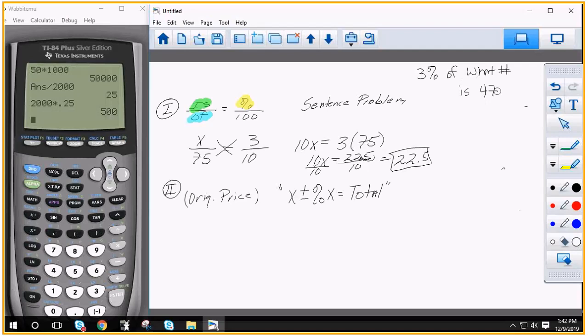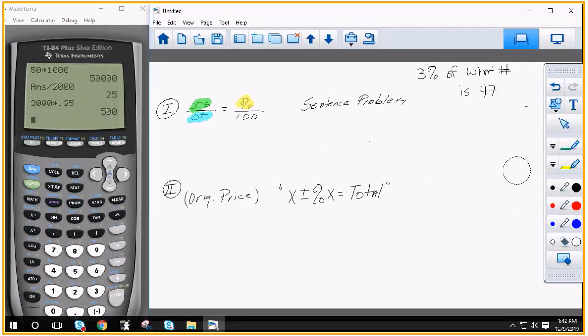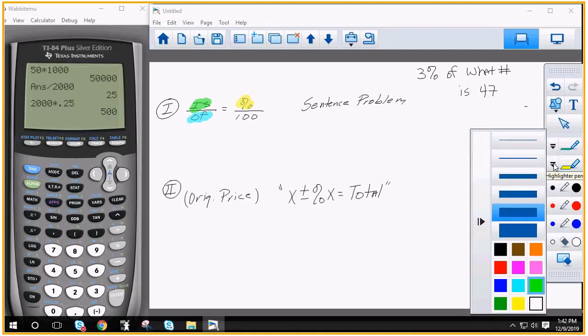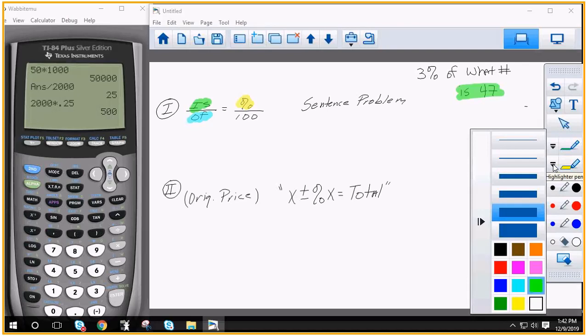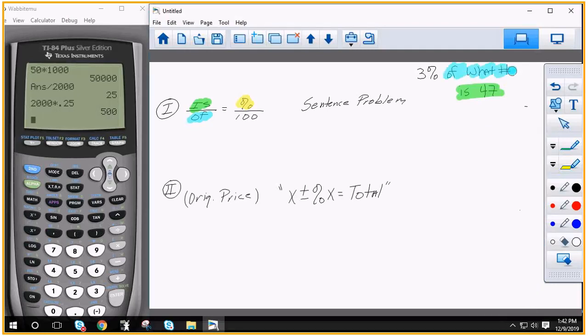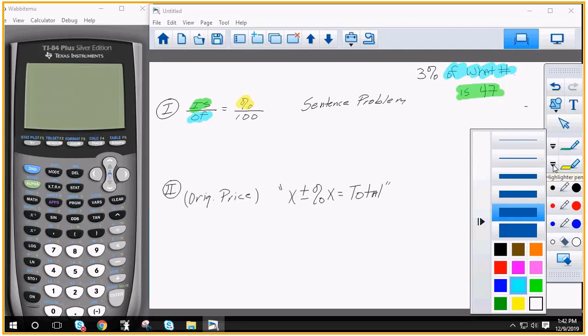Let me erase all of this. And let's take our handy dandy green, is. What. Of is blue, and percent is yellow.